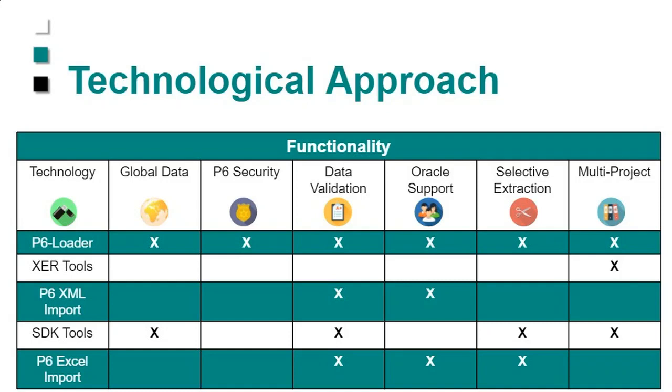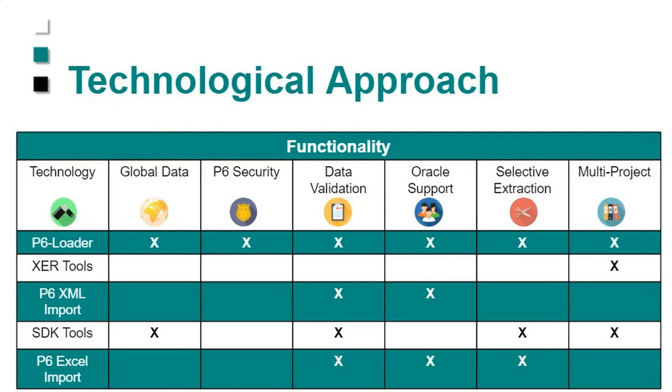Some people still use that today, although it's no longer supported by Oracle. The problem with the SDK is it sidestepped security. You had to be a global super user in order to run it. So as soon as you had access to the SDK, you had access to everything in the system. There was no security built around it.